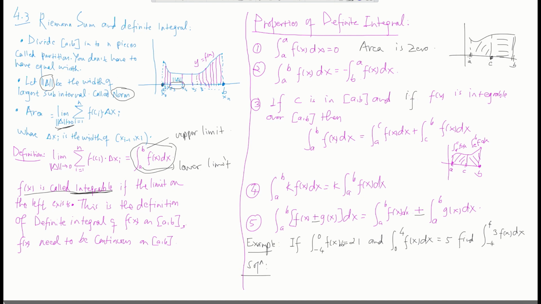You can find the integral from a to c separately, and then find this area separately, and add those two areas to find the total area. So the integral from a to b of f(x) dx equals the integral from a to c of f(x) dx plus the integral from c to b of f(x) dx.